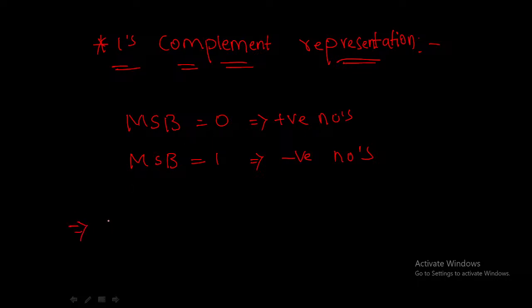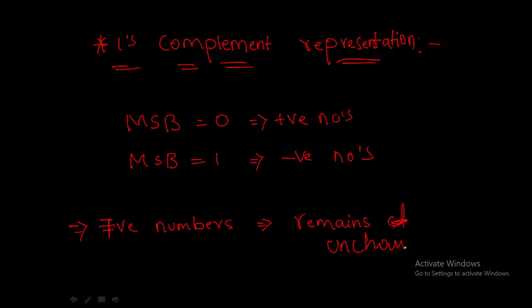Remember this point: the positive numbers remain unchanged. We are not going to touch them, they are not altered. Whereas to represent the negative numbers in ones complement form, we are going to apply ones complement on them.